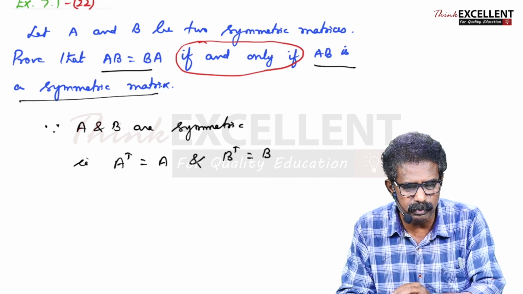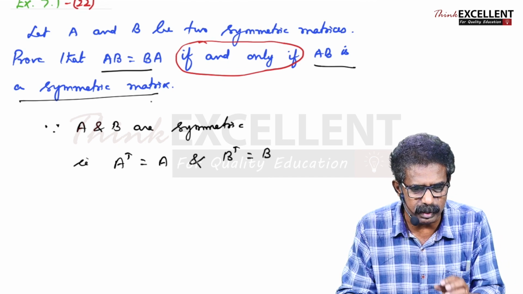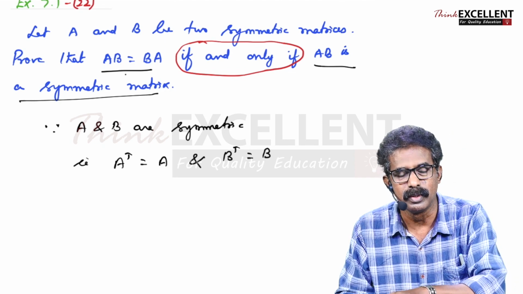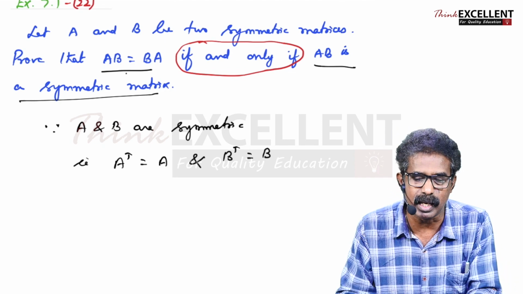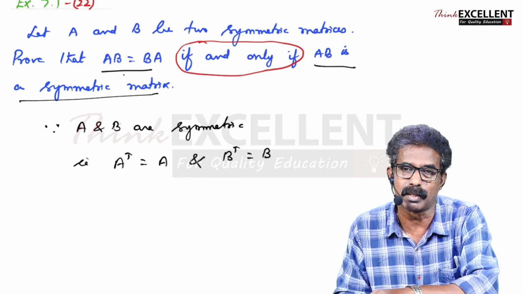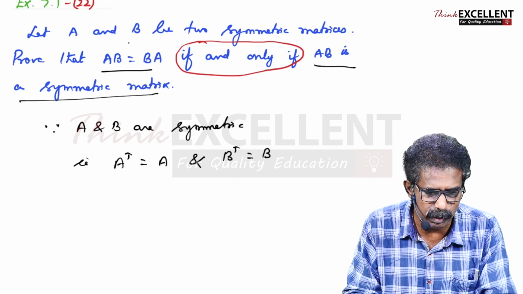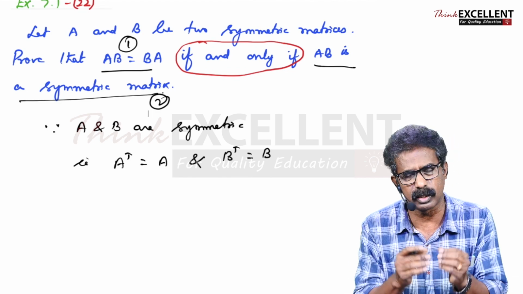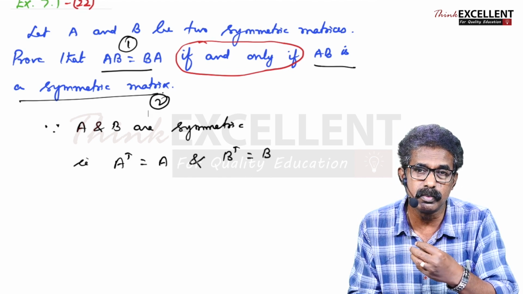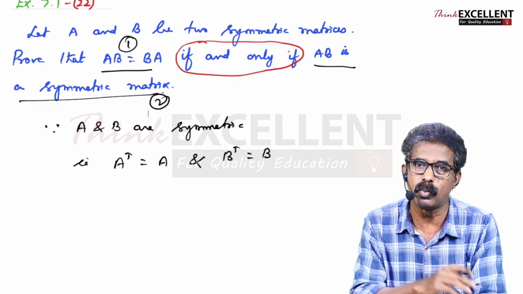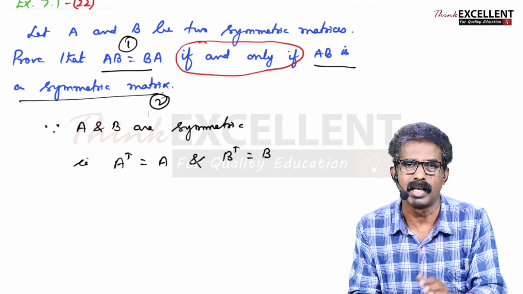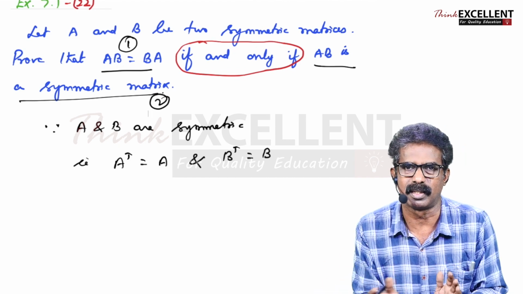So you assume AB is a symmetric matrix, you prove AB is equal to BA. Second time, you assume AB equal to BA and you prove AB is symmetric matrix. This is statement 1, this is statement 2. In one case, you assume 2, you prove 1. Second case, you assume 1 and you prove 2. That's all. And you reverse it.